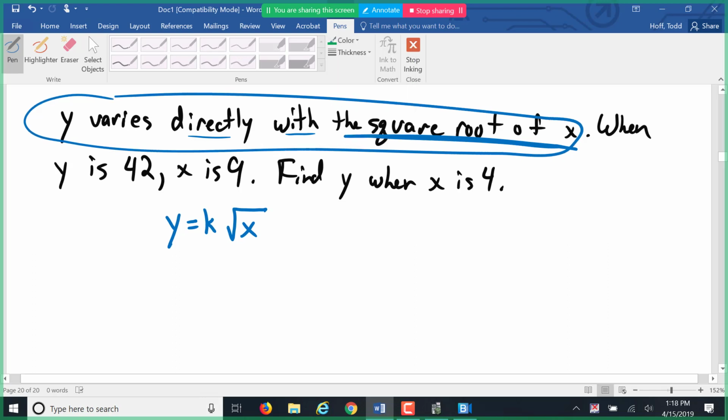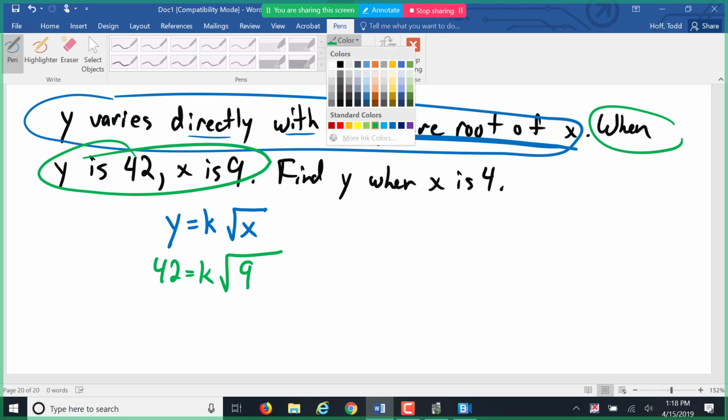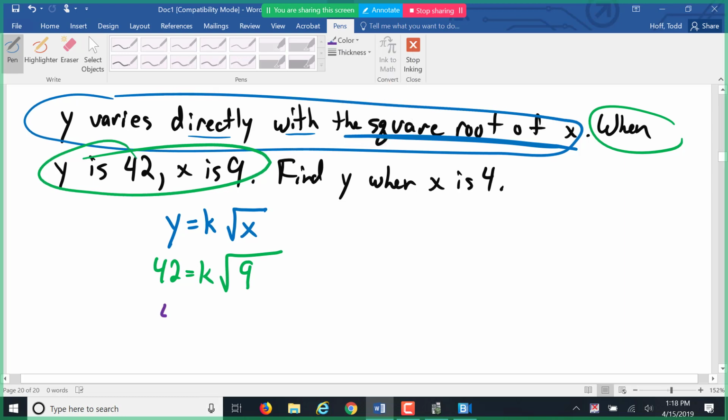Then what do we do? What goes in for y? K times what? Square root of 9. Perfect. So we take the square root of 9.